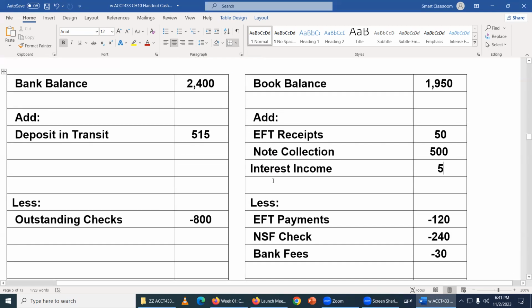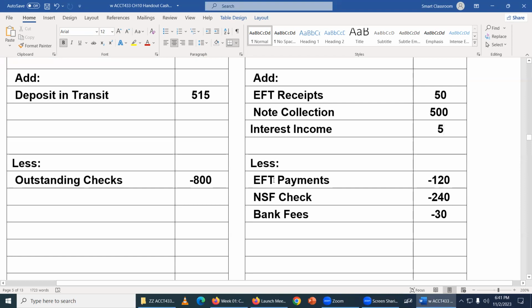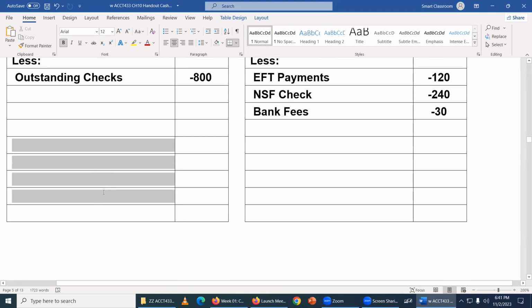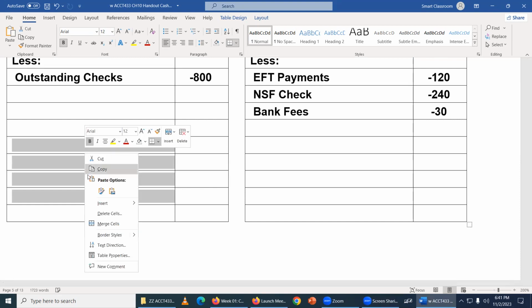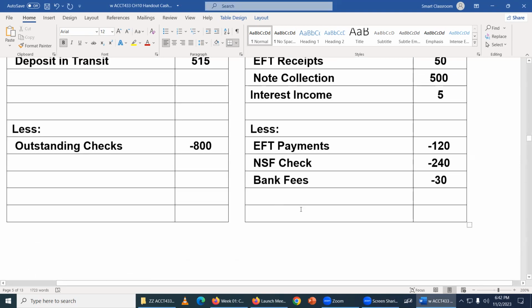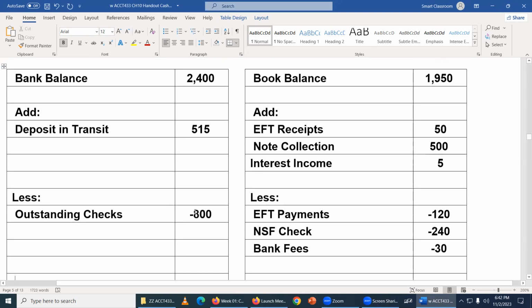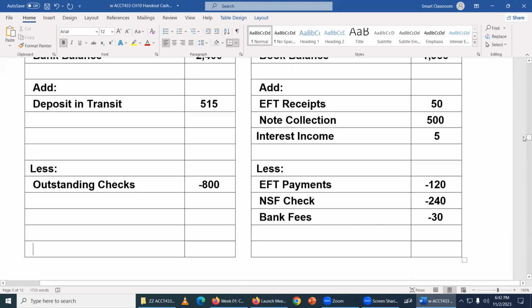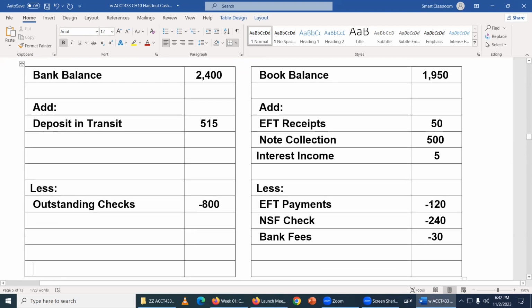Okay, now, got a whole lot of extra lines in here, don't I? So what we're going to do is find a corrected balance for these. It's 2115.